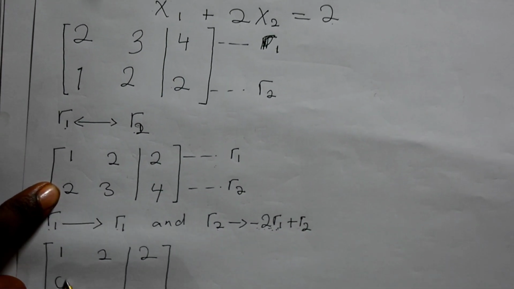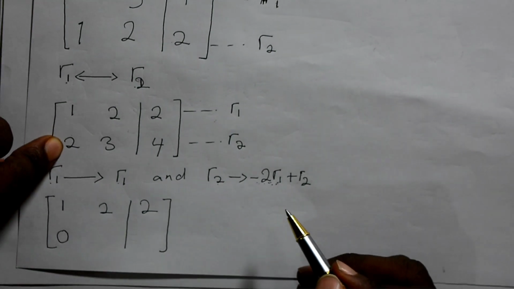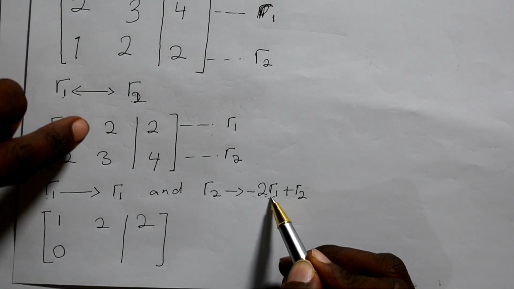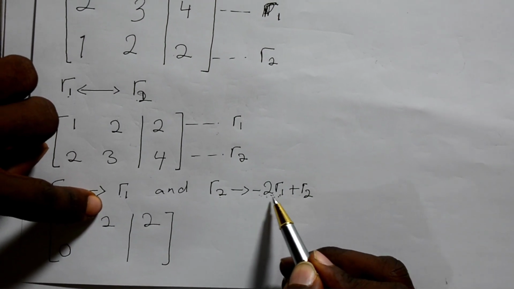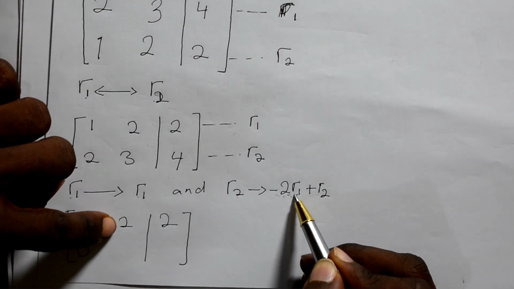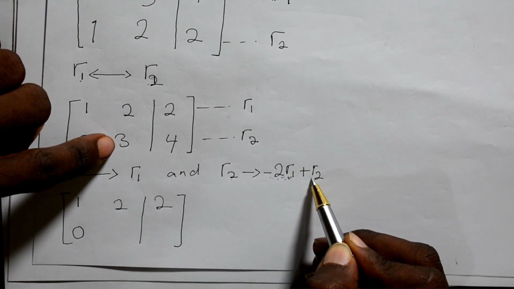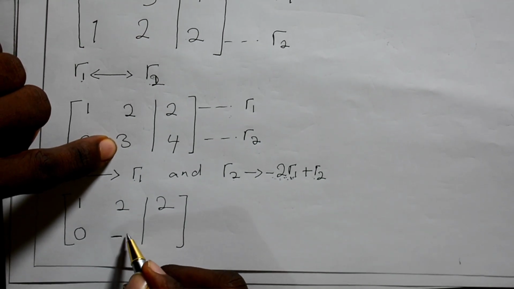This means we have 0 here. Then now row 2 is -2 row 1. That means -2 times 2, then plus row 2. And the other number in row 2 is 3. Then we have -1.